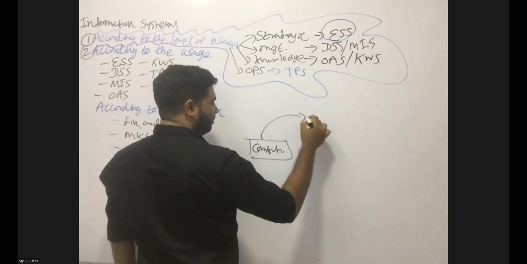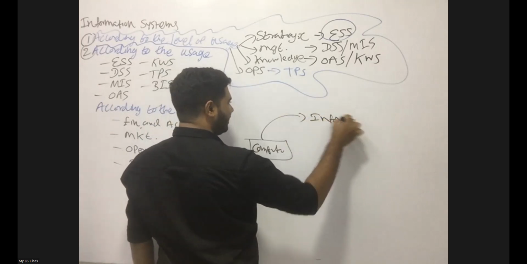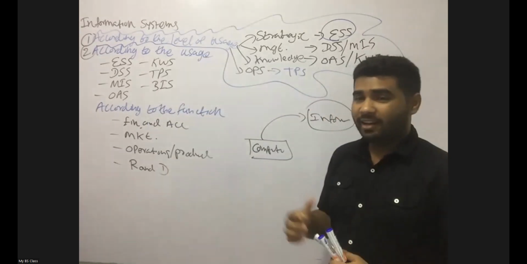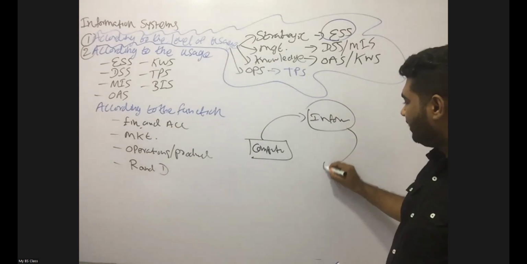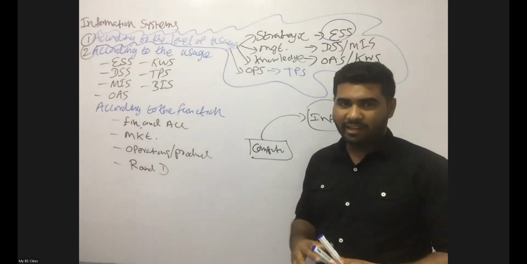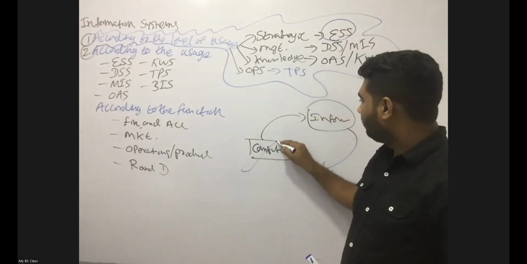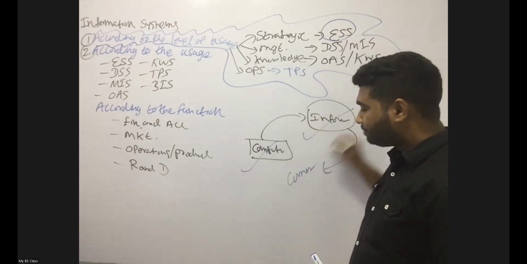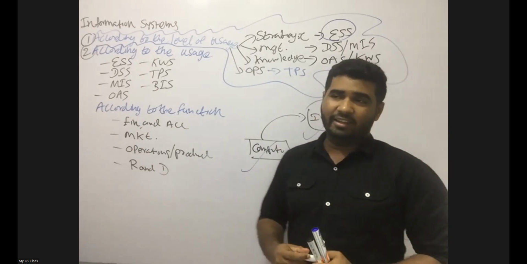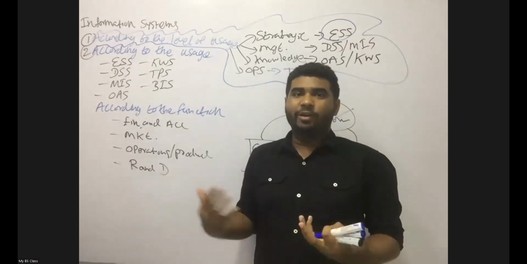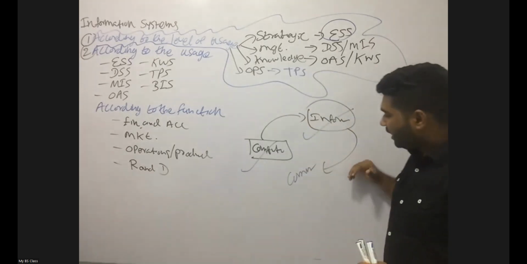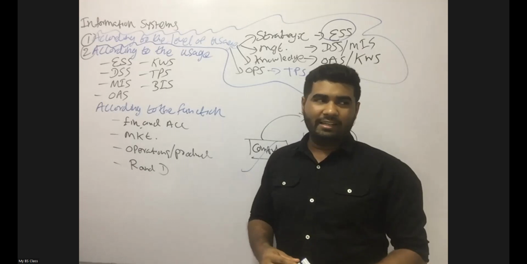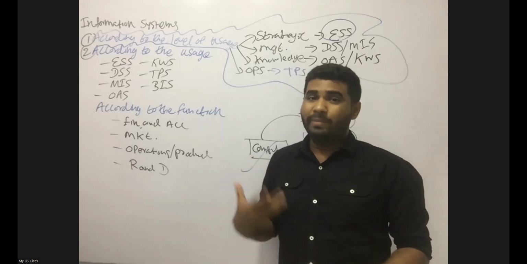And computers will process information. So in order to get the real benefit, you need to communicate that thing. IT is computing plus information plus the communication part. Information is collected and stored, and they need to communicate that with the relevant parties who are interested in that information and also who will be benefited.